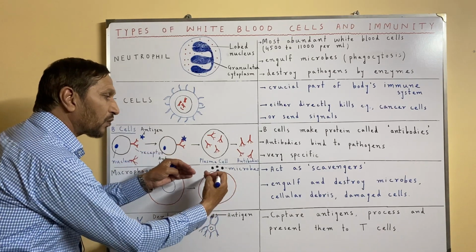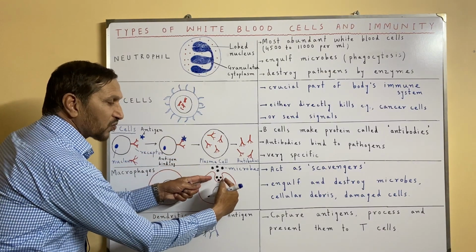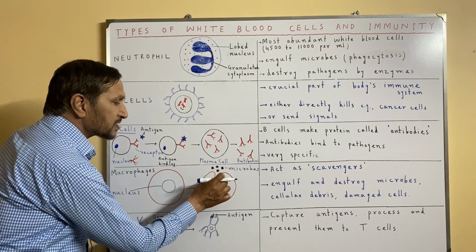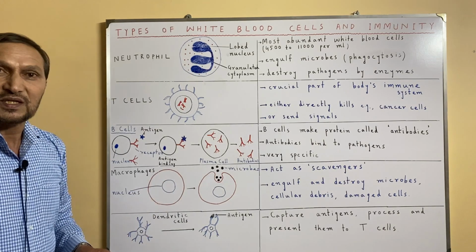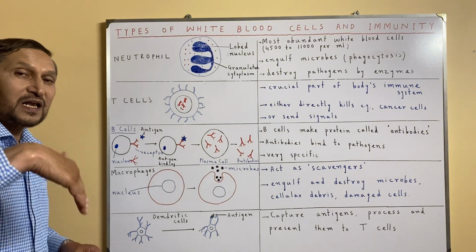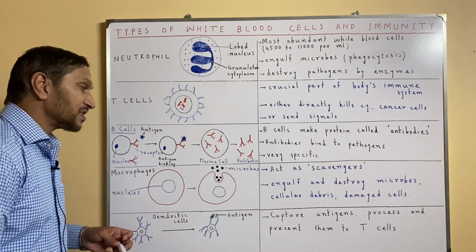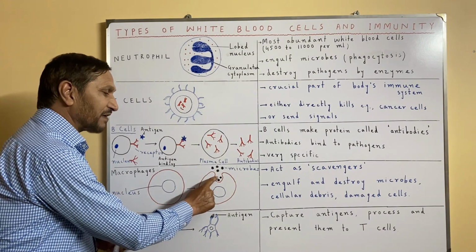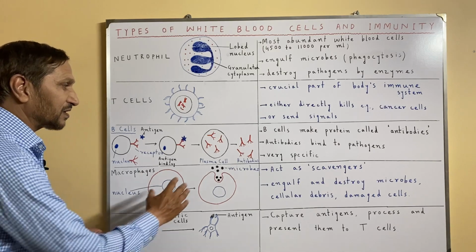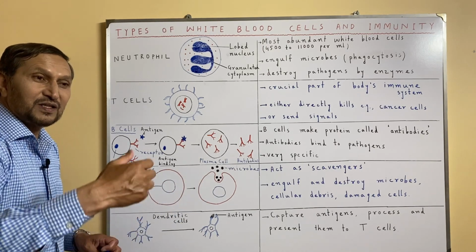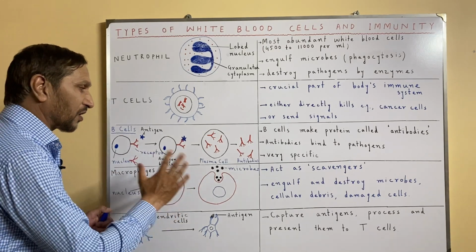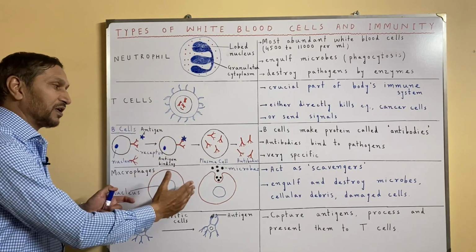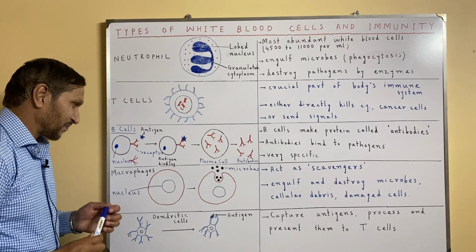Once the macrophage encloses the microbes into its body, the lysosomes, which contain digestive enzymes, digest all these microbes, leaving the waste material out of the cell. In this way, they kill the microorganisms which enter our body.